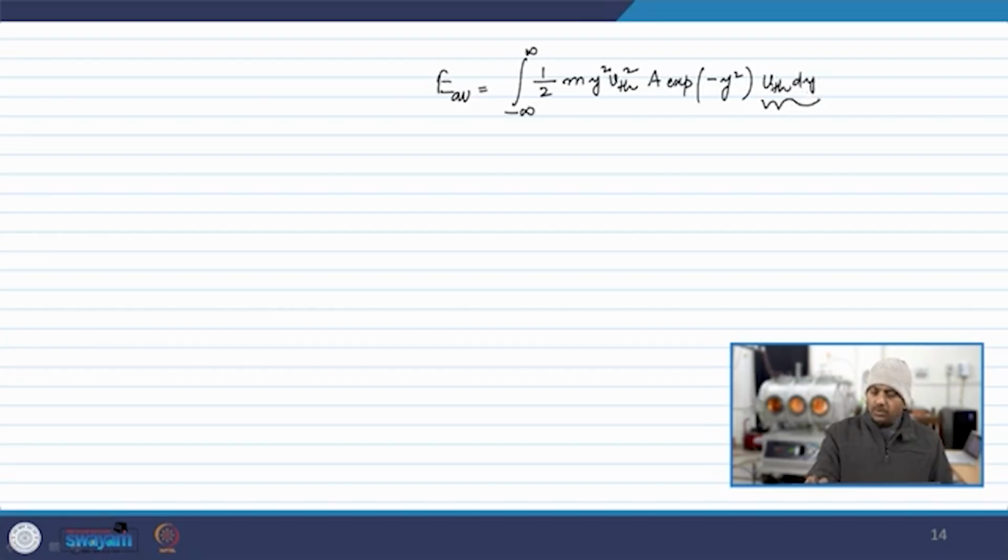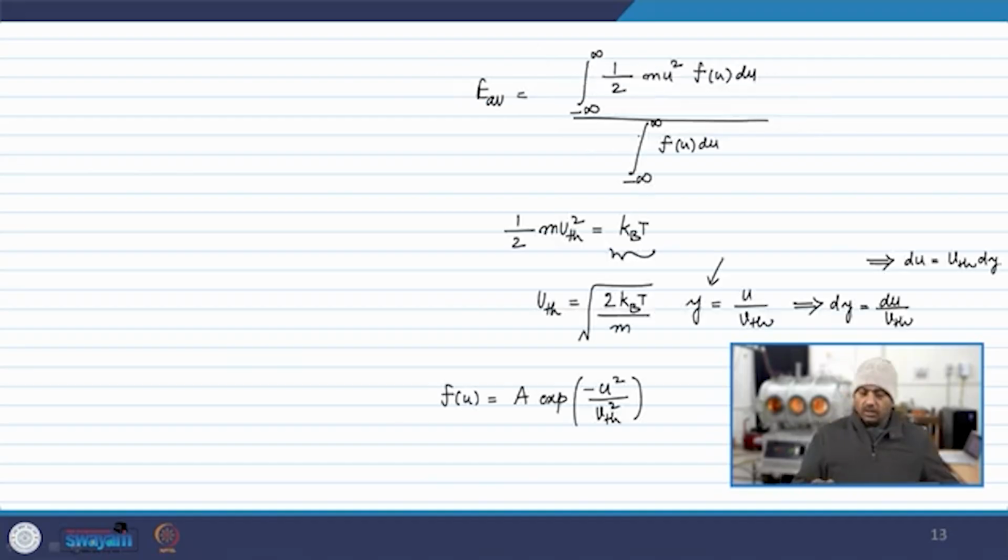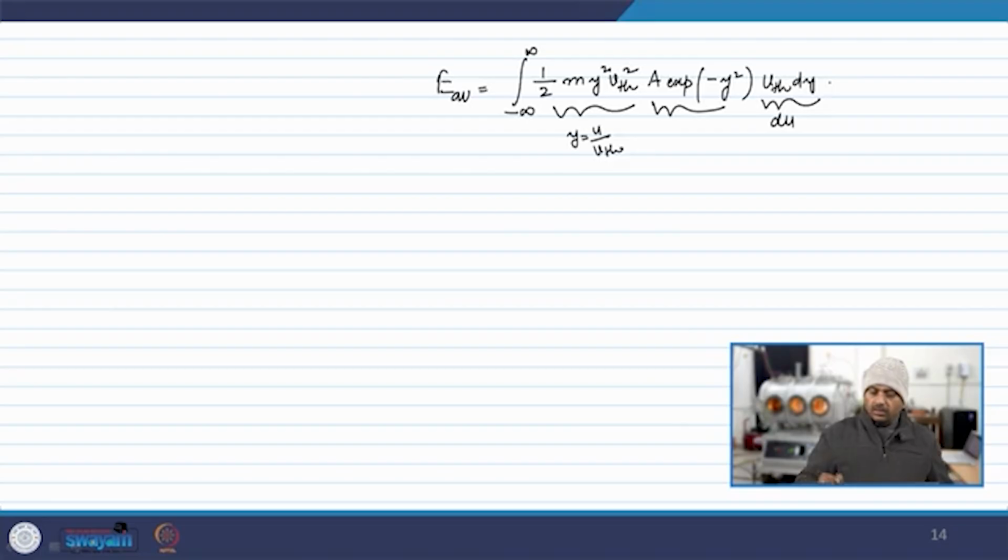So, this is obviously du, and this is after substitution, again substituting y equals u by Vth, right. The same expression that you see here is now written like this using the substituted variables, right.